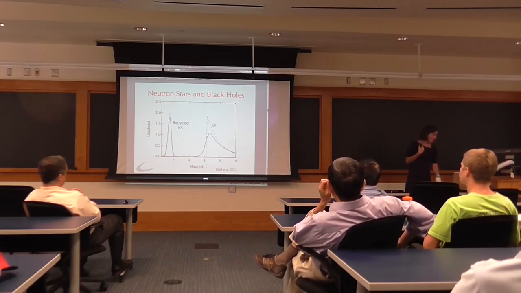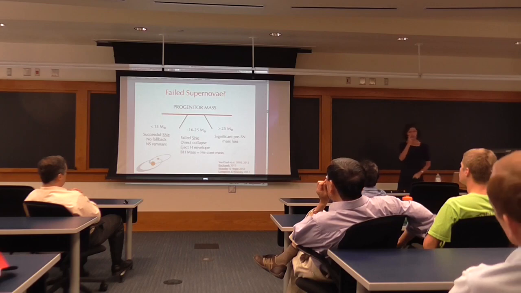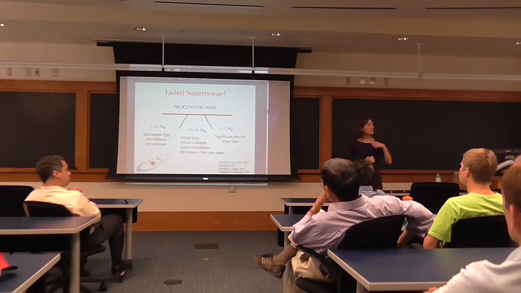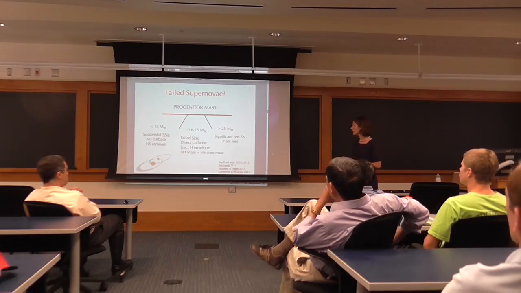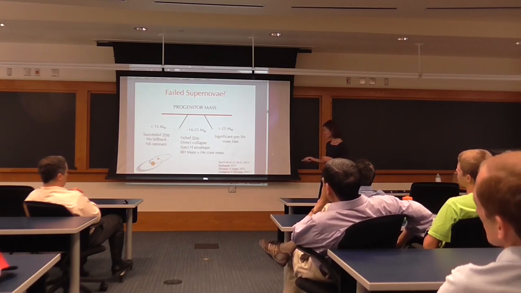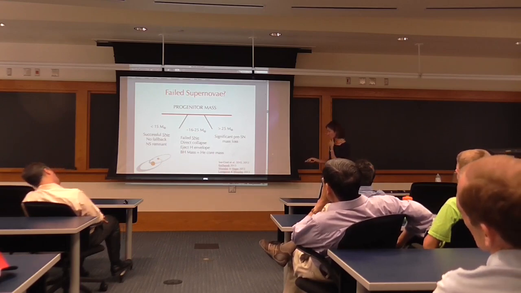For this, we have a little more of an idea. This could be a group of, or a range of masses in the progenitors that actually lead to failed supernovae. So we suggested this in our papers, and Chris Kochanek developed it further just a couple months ago.